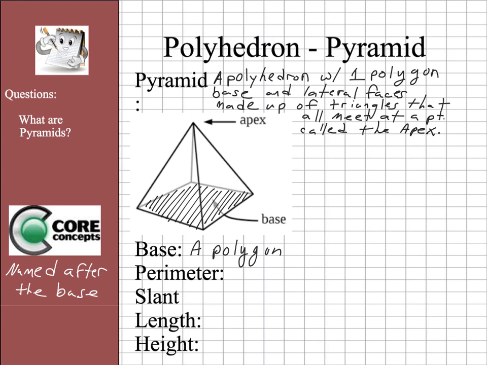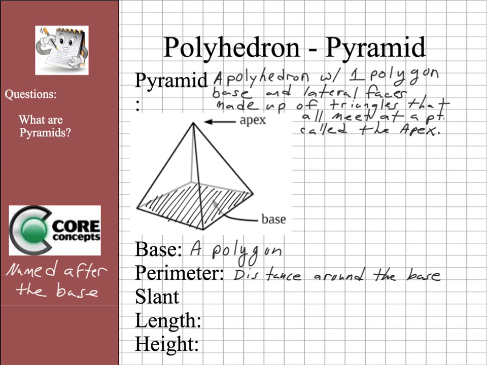Perimeter is the distance around the base. Okay, we're just finding that distance of that base polygon, and we're going to use that next class to help us find the surface area.